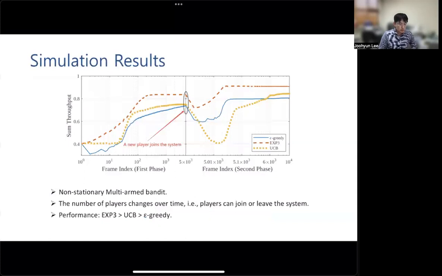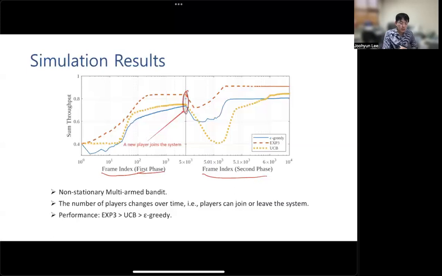So to model these environmental changes, we change the number of users in the first phase and the second phase. A new user joins the system after 5,000 frames. Right after this user joins the system, the throughput decreases because now the environment has totally changed.